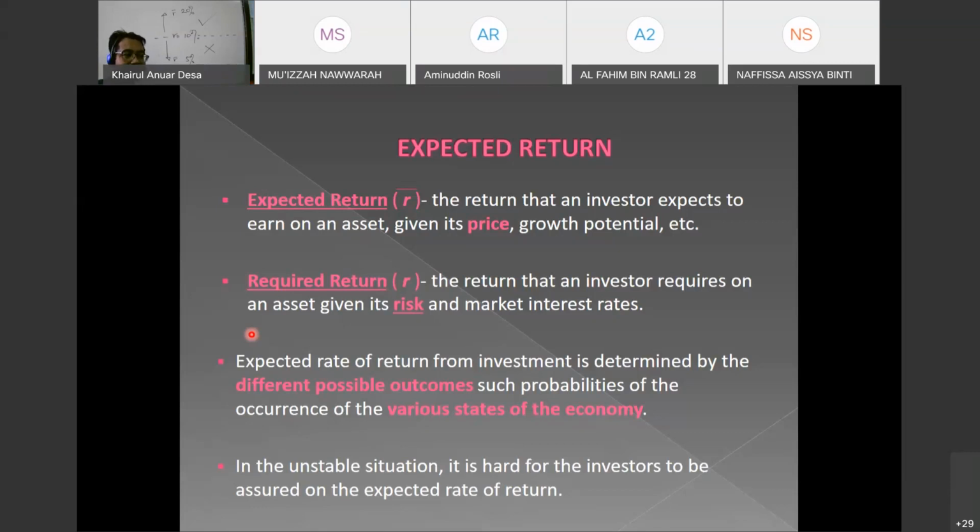One of the criteria used in deciding which project we should invest in is the comparison between the expected rate of return and the required rate of return. If the expected rate of return is higher than the required rate of return, we accept. But if it is less than the required rate of return, we reject.